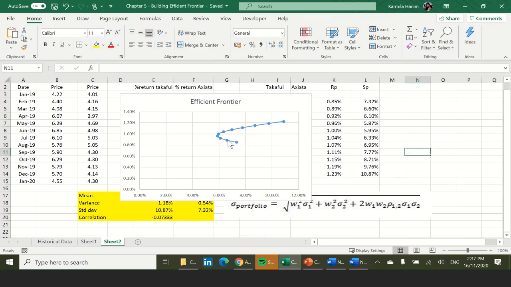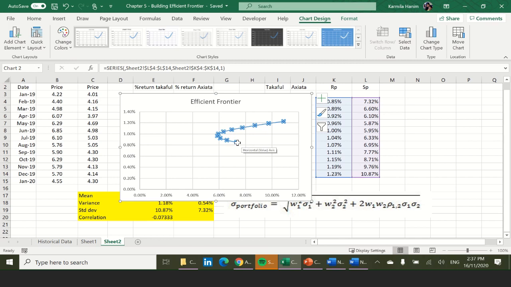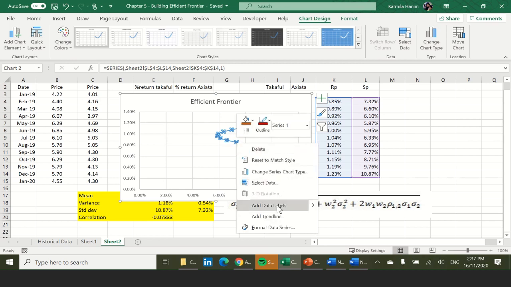Okay, you can insert the label here, add data label.